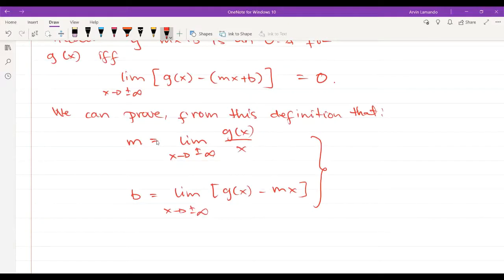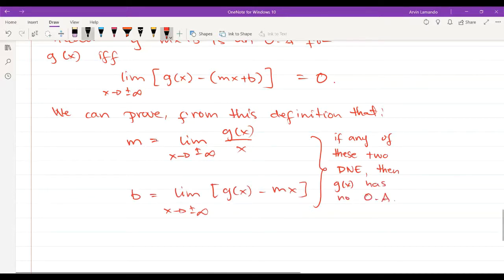Okay, so let's write that out. If any of these two does not exist, then g of x has no oblique asymptote.